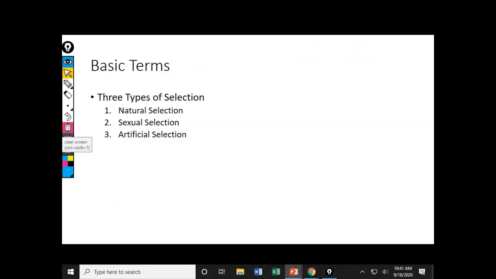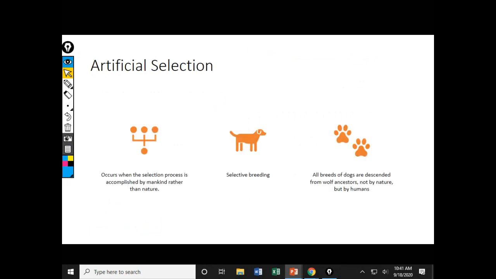Okay, good job. So the last thing we're going to talk about is artificial selection, which is the last major type of selection. Artificial selection is fundamentally super similar to the way natural selection works, except the selection process isn't based on environmental pressures.